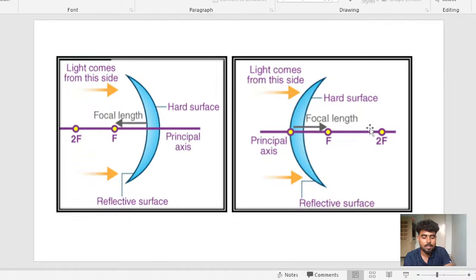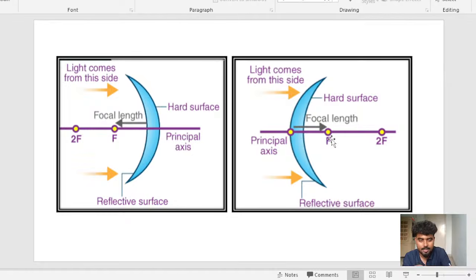This line represents the principal axis, and this center point of a spherical mirror is called the pole. This point is called focus and this point is called 2F. Here 2F represents the center of curvature.